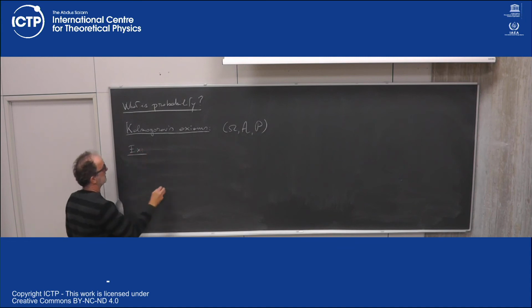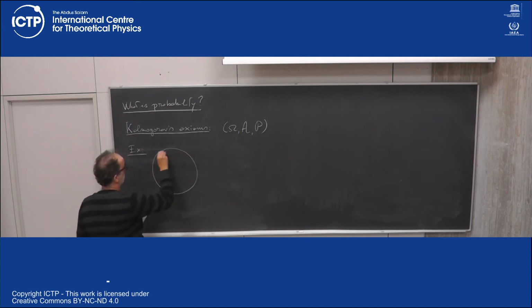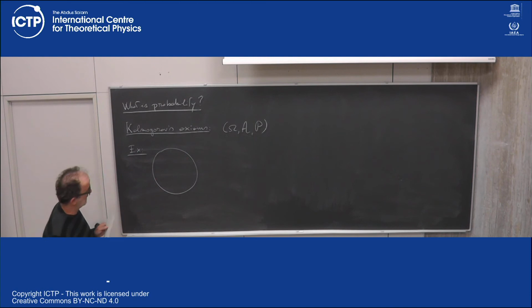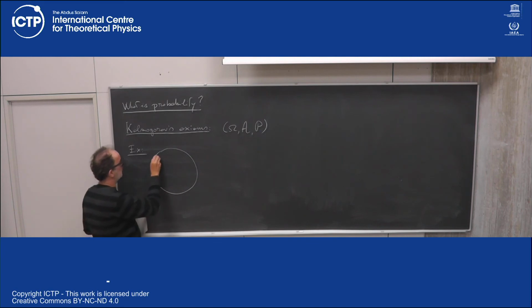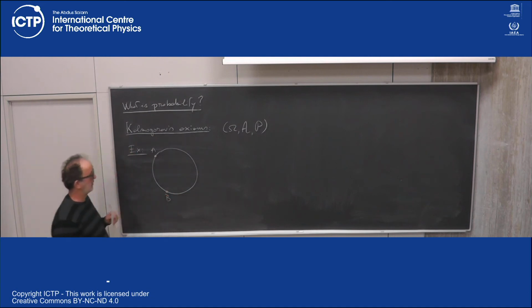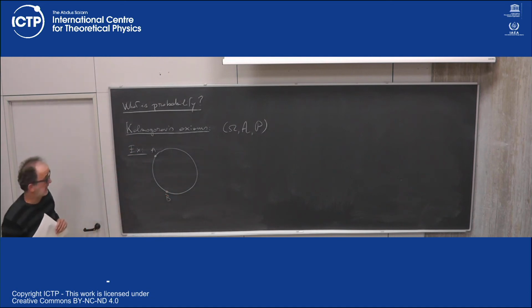A simple example is, imagine the following problem. I give you a circle, and let's pick 2 points, say A and B on the circle, okay?